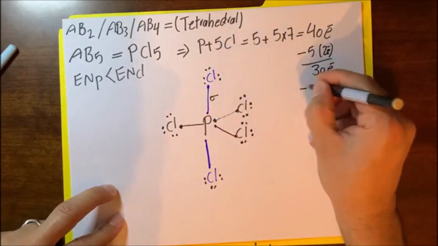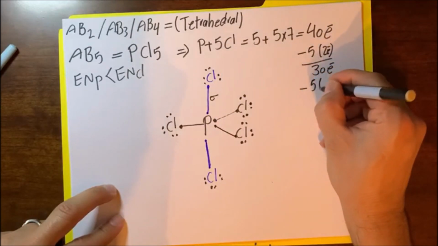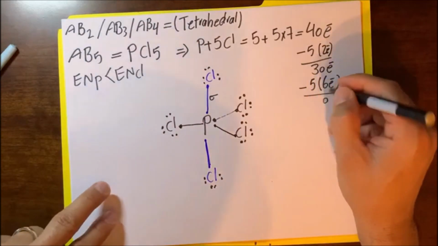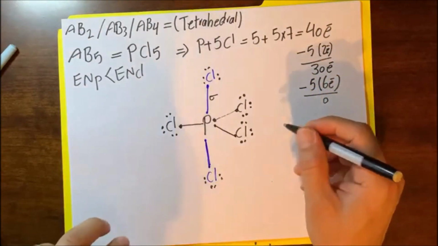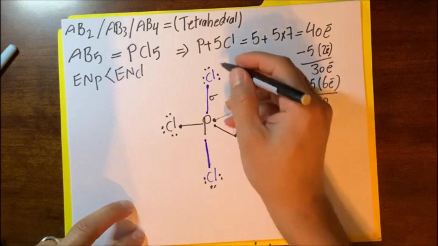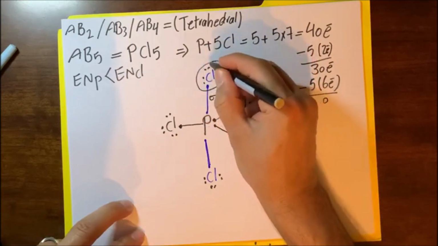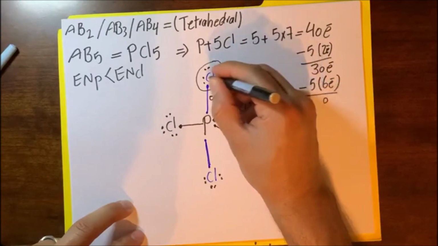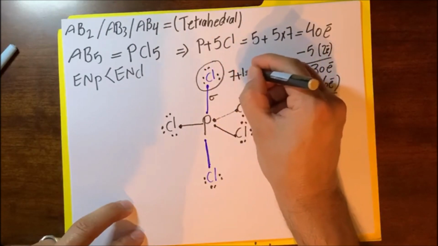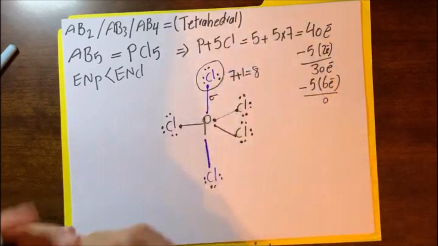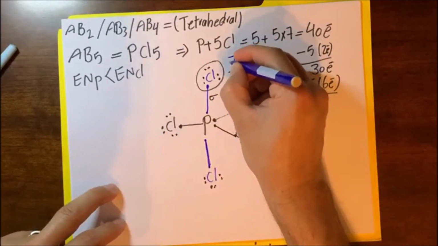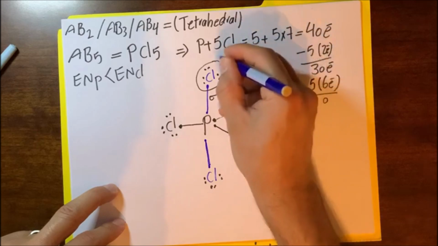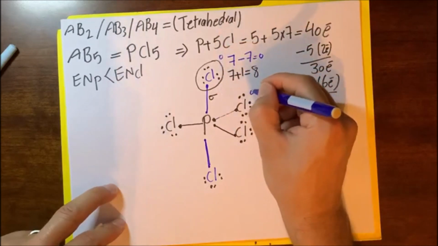So minus 5 chlorines, and I gave each chlorine 6 electrons, 0. Cool. So we got chlorine octet. Check chlorine. Chlorine, I see 7 electrons plus 1 through sigma, 8. How about the formal charge? Chlorine is group 7 minus, I see 7 electrons inside the circle, 0. So we got the formal charge 0.